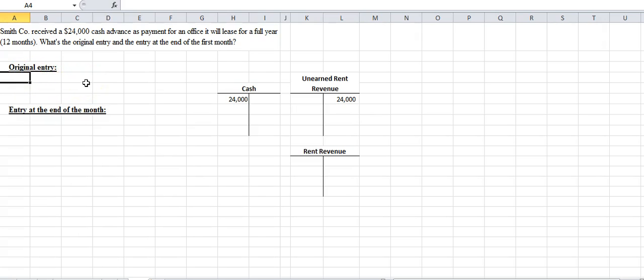Okay, so the original entry would be something like this: cash, 24,000, and then unearned rent revenue, 24,000.